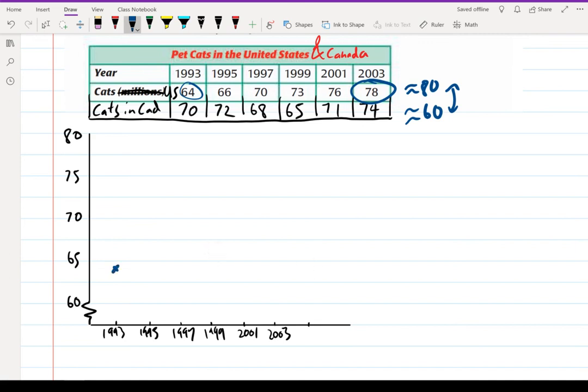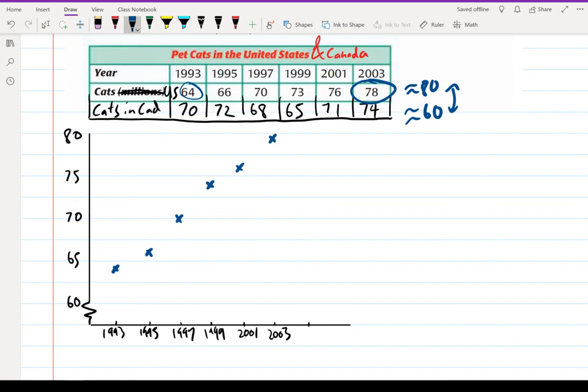And then in 1995, it goes up to 66 around here. 1997, it goes up to 70. And then 1999 is 73, which is around here. And then 2001, 76, and then 2003 we have 78.